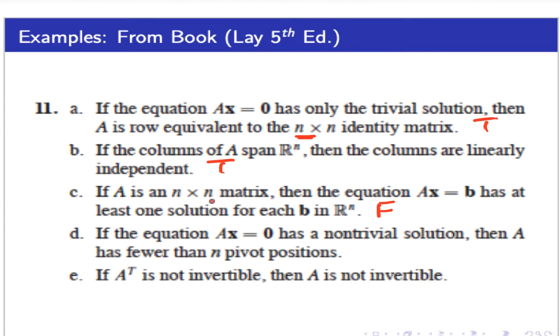An n cross n matrix does not imply that it is an invertible matrix. It is simply saying I have a matrix of size n by n. So it is very important that you read every term in the sentence. So if A is an n cross n, then this equation is true.